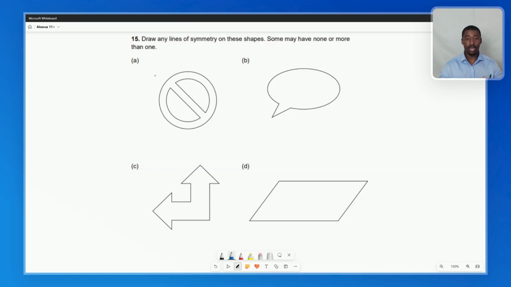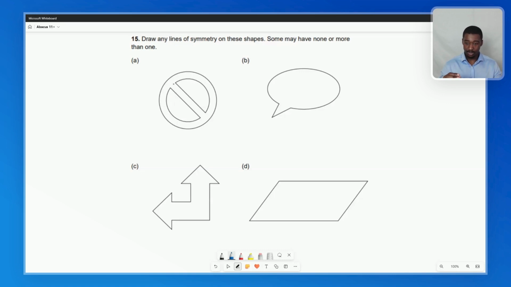The main thing I want us to think about is drawing lines that cut through the shape, that if we were to fold that shape over that line, there would be no overlaps. When you think about lines of symmetry in this way, it makes it so much more simple.